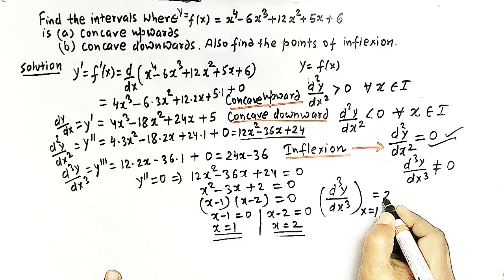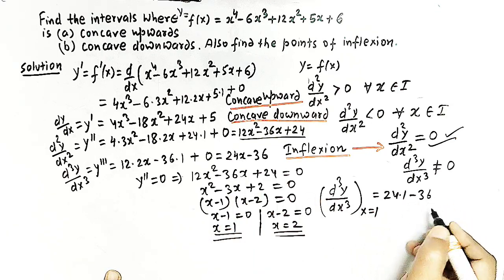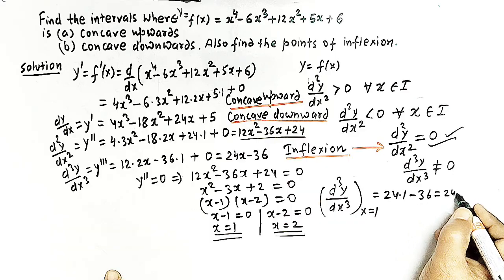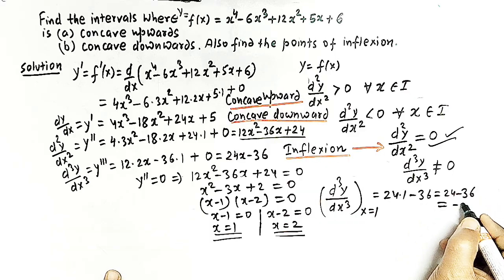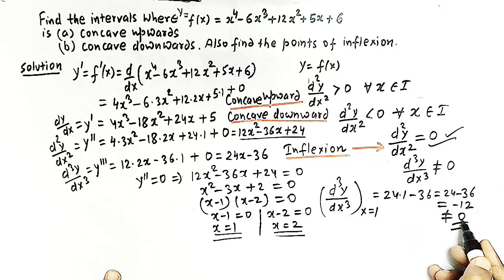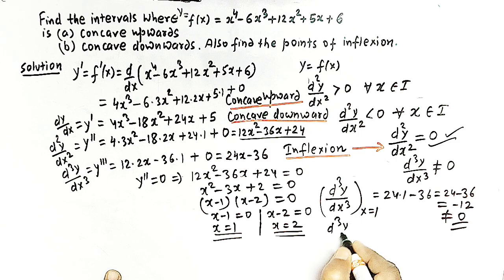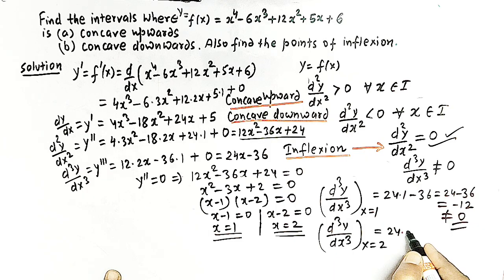So we have 24 minus 36, that is minus 12, which is obviously not equal to 0. And let us find out the third derivative at x is equal to 2. So we have 24 times 2 minus 36, that is 48 minus 36, that is equal to positive 12, which is also not equal to 0.